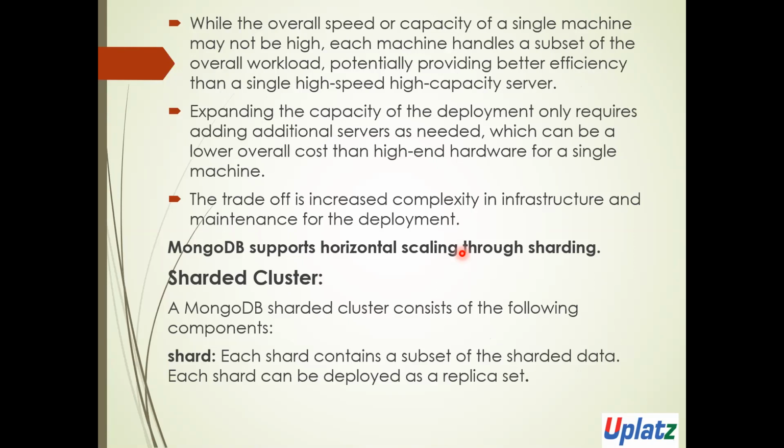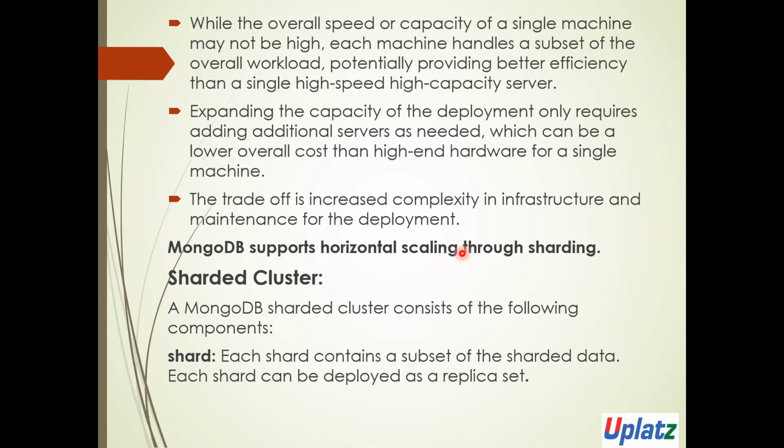The efficiency is better, and it also provides high speed. Expanding the capacity requires additional servers, which means lower overall cost than high-end hardware for a single machine. That's why MongoDB supports horizontal scaling for sharding.